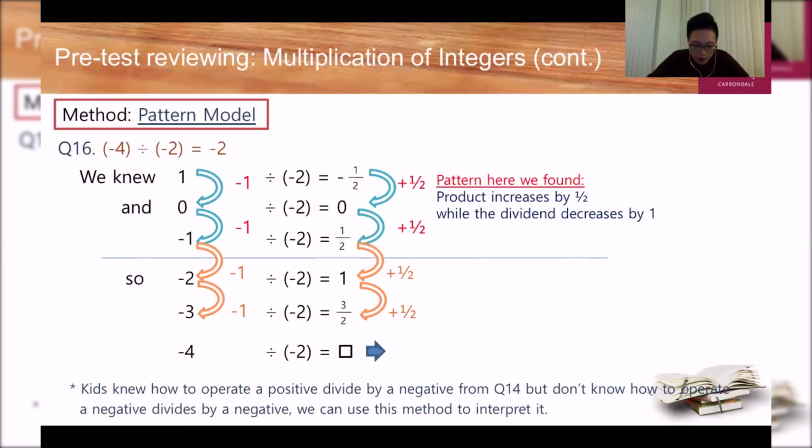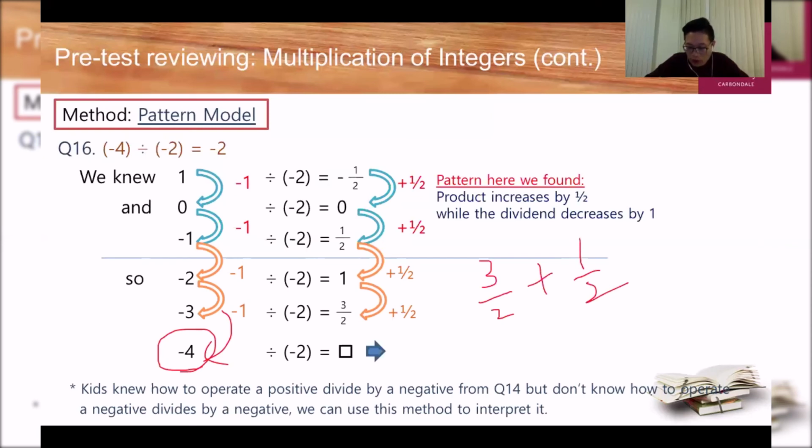Okay, so back to our question. Here we got -4 as the dividend, right? So the dividend decreased by 1 from -3. The product will increase by 1/2. So here we got 3/2 increase 1/2, right?